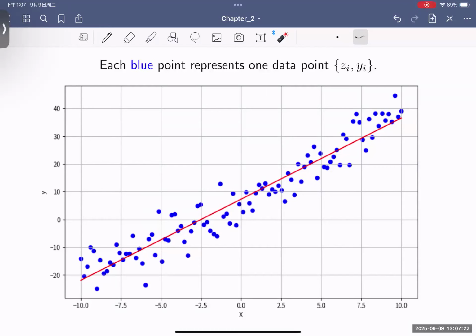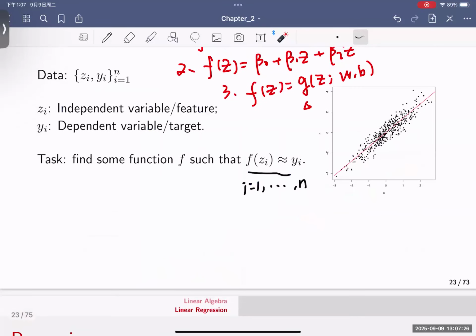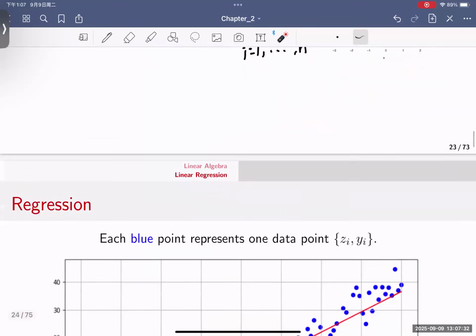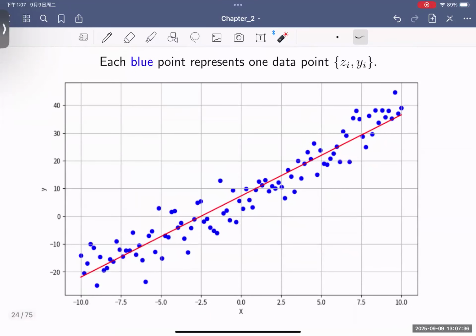Therefore, commonly we do not think in terms of making f(z_i) exactly equal to y_i, as in this type of case. This may not tell us anything meaningful. The more important thing, sometimes, is to detect the pattern between z_i and y_i.